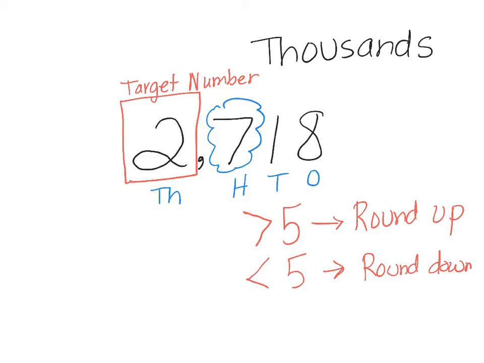So, since my 7 is greater than 5, I'm going to round up to the next biggest 1,000. And the next biggest 1,000 is 3,000. So this answer is 3,000. Okay, so a little bit of thinking that we have to do here.